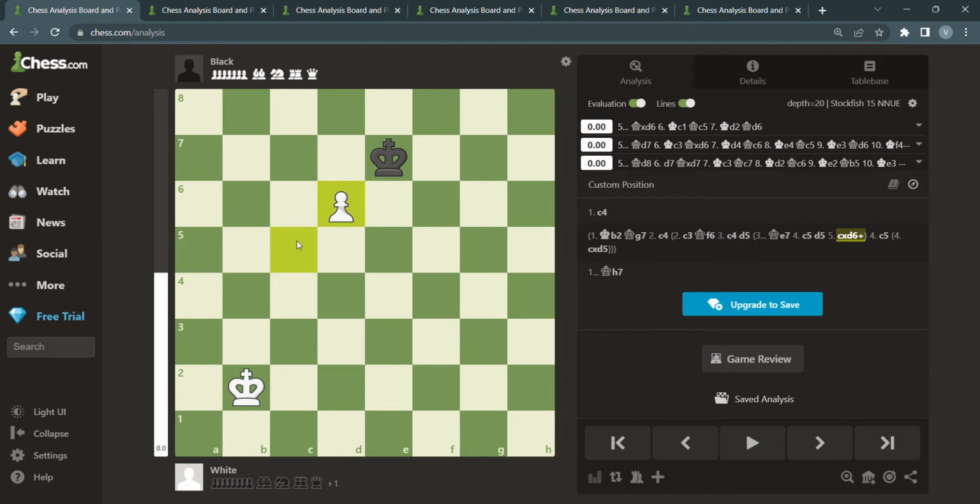So you can actually win a pawn sometimes in those positions, and that can prove to be quite a useful rule, but if you don't remember that, that's fine.